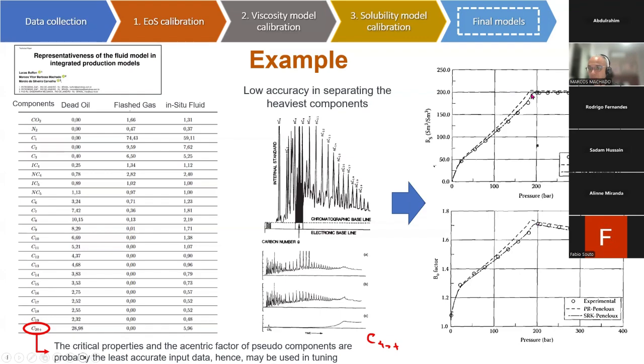Here there is a slight deviation in the prediction of the saturation pressure. This is the saturation pressure. One is less accurate than the other to predict the saturation pressure, but in general, the prediction is pretty good. It's very comparable, okay?